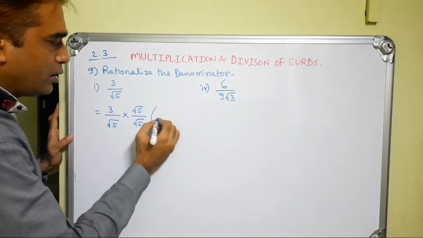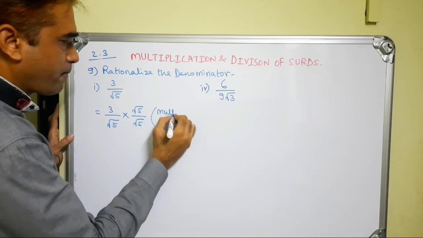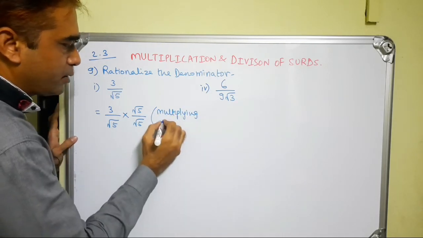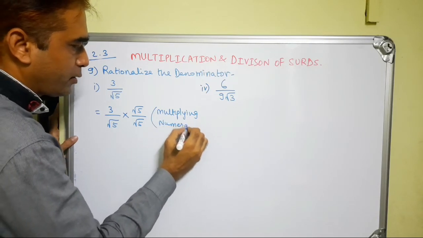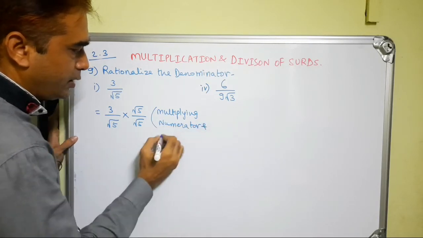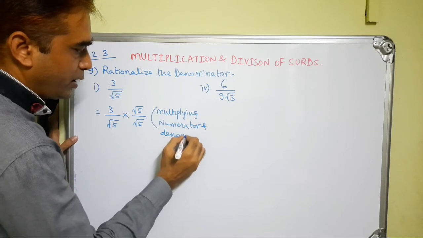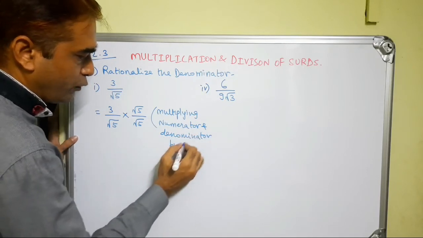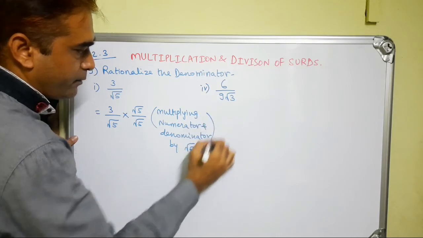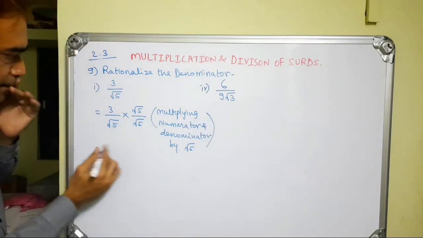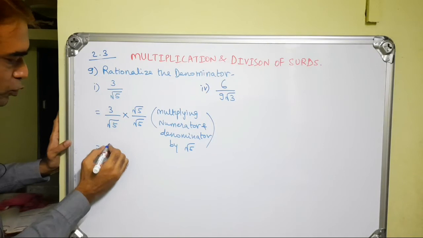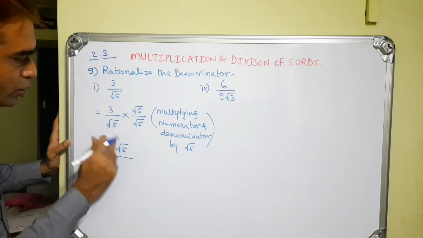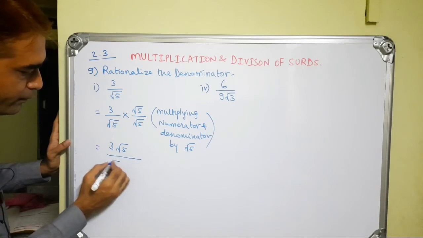What we have done here is multiplying numerator and denominator by root 5. So 3 into root 5, this will be 3 root 5 upon square root of 5 into root 5.